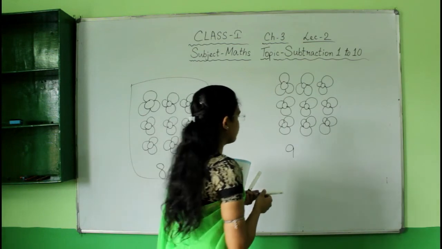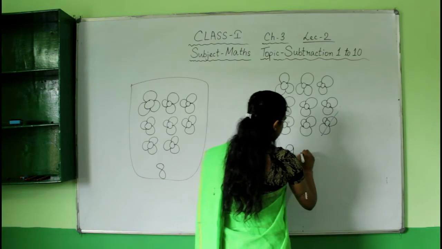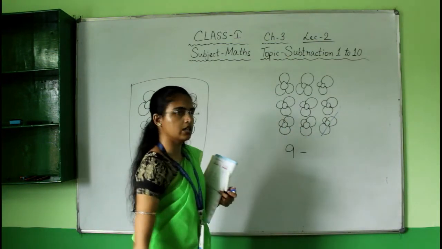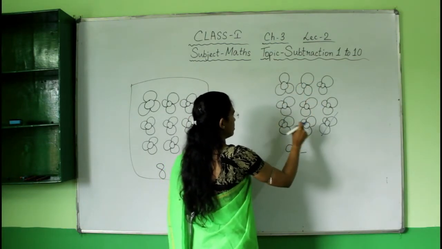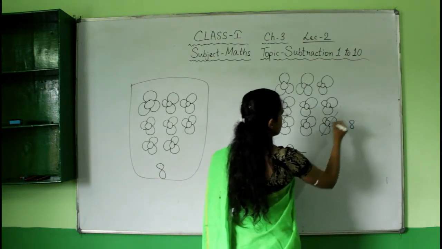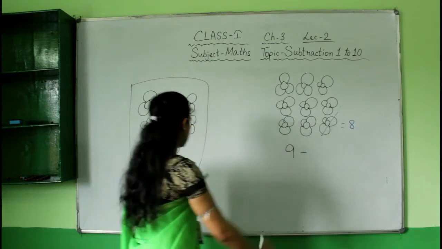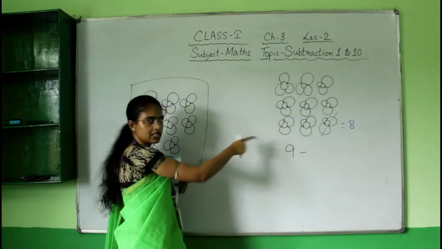So now if I cut 1 flower, that means if I do subtraction, how many flowers are left? Let's count. 1, 2, 3, 4, 5, 6, 7, 8. Now we have how many flowers? 8 flowers. So here is also 8 and here is also 8. So both the sides are same.